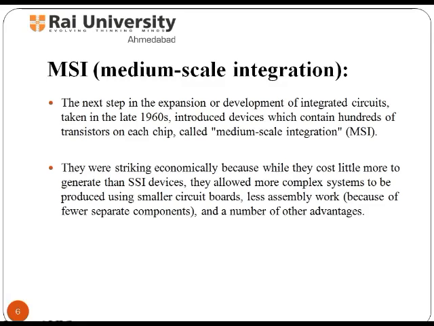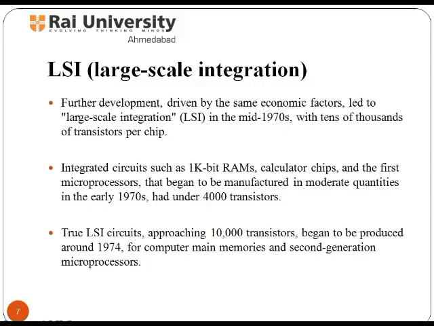Now, in the late 1960s, the development of the integrated circuit resulted in hundreds of transistors on each chip, which is called medium scale integration. If we compare it to an SSI device, its cost is more.